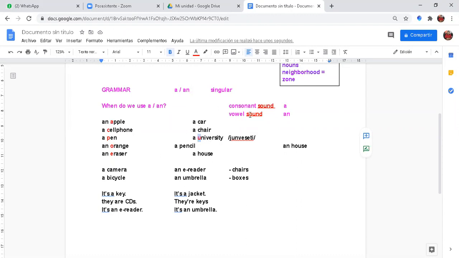That's why our friend said you have to obey consonant sound or vowel sound. No, it's not just because consonant, because vowel. You have to obey, obedecer, the sound. What is the sound? University.